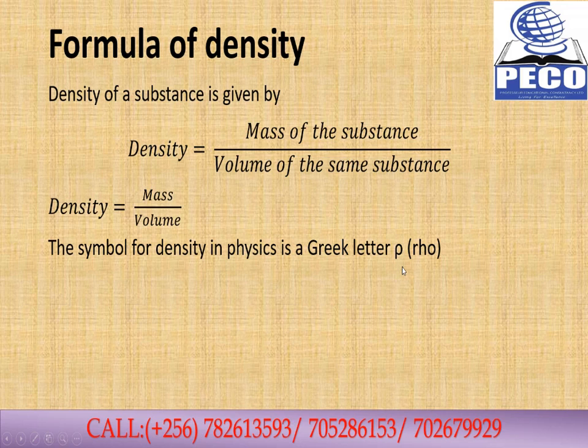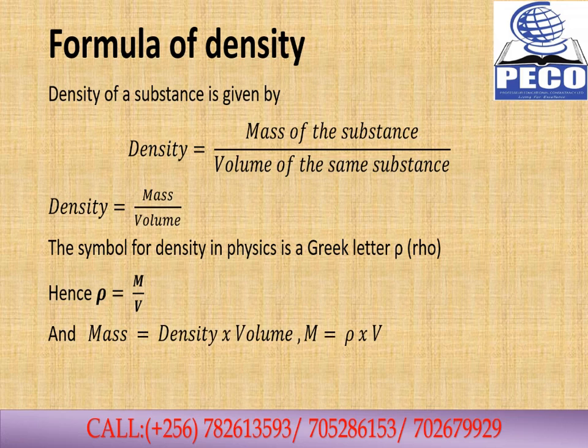Practice how to write this, and that's the symbol. So since we've said density is mass over volume, we can now write our symbols. Rho equals m over v, where m is the mass and v is the volume.